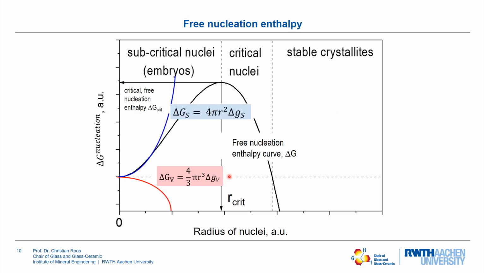Now let's have a look at the final picture of the free nucleation enthalpy. This is a black curve here, which is the sum of the free volume enthalpy plus the free surface enthalpy. And because the free surface enthalpy has a factor of 4πr to the power of 2, and the volume enthalpy has a factor of 4/3πr to the power of 3, in the beginning, this one here is dominating.